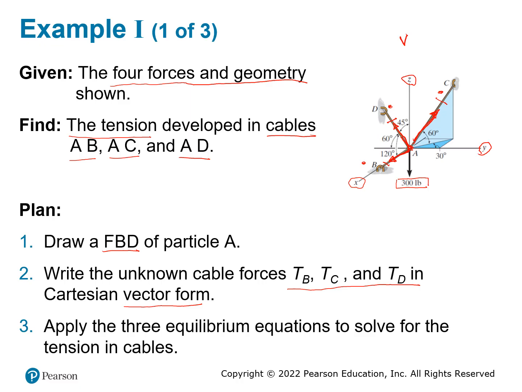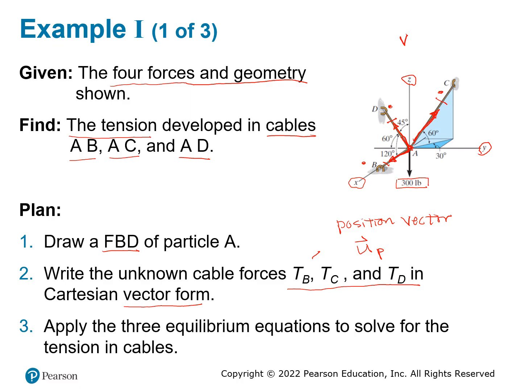If you think about chapter 2, where we talked about how to write a force along a direction, you need to find the position vector. With the position vector, you can find the unit vector of the position vector, and this will give you the direction of your cable forces.